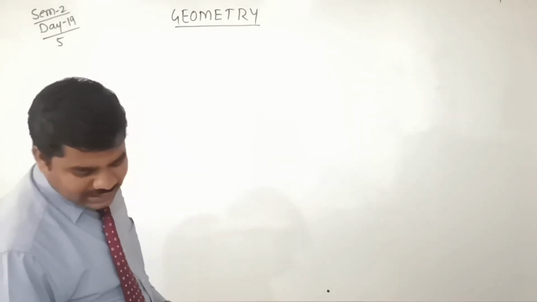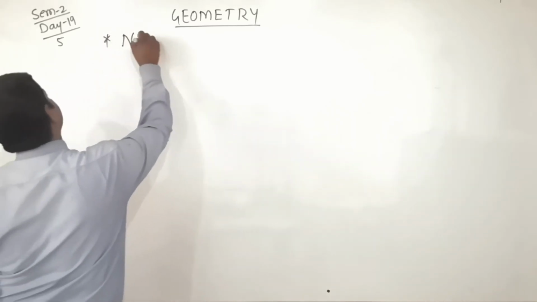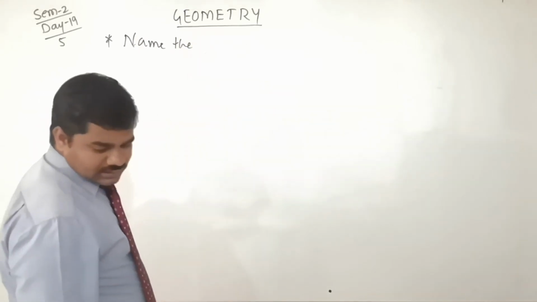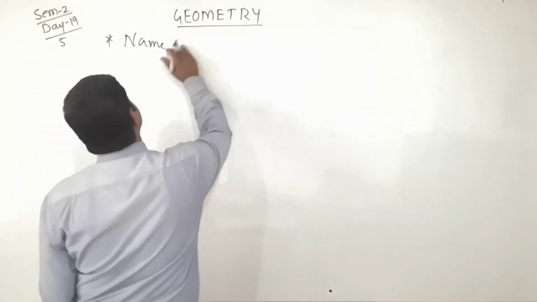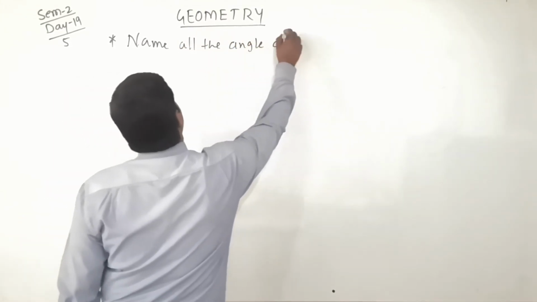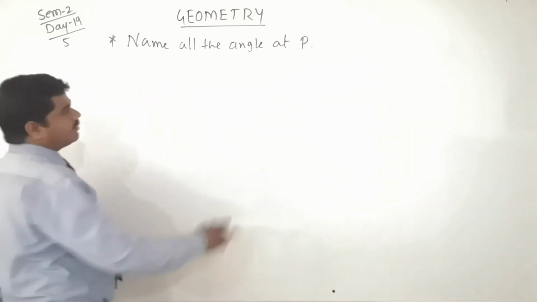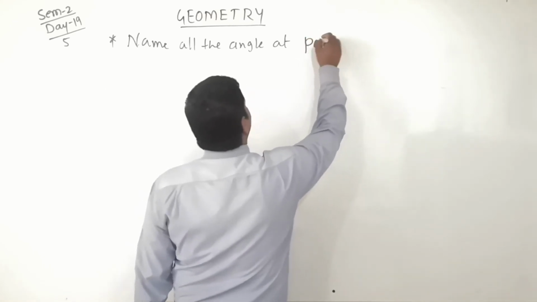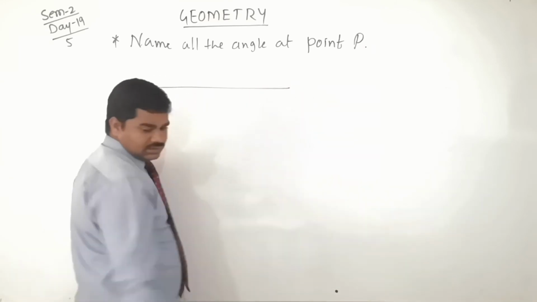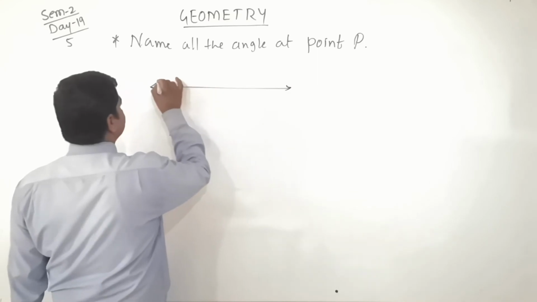Name all the angles at a point P. The figure is, first name all the angles at point P, the vertex of point P.